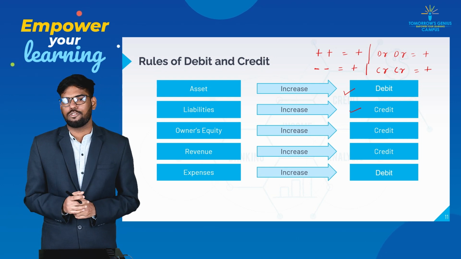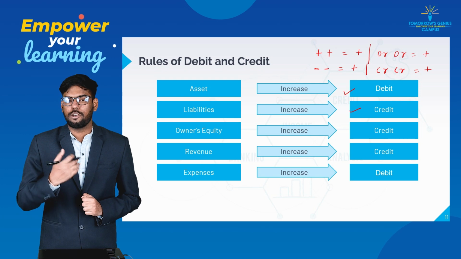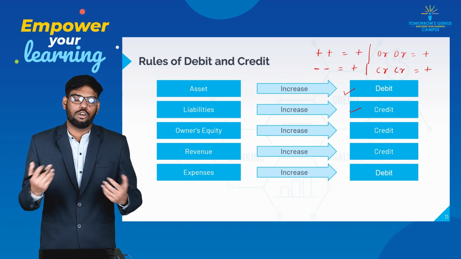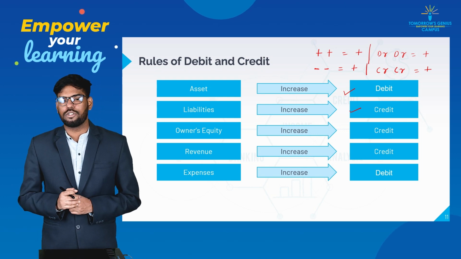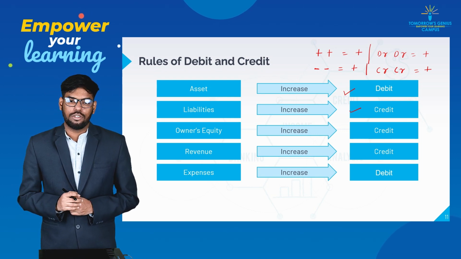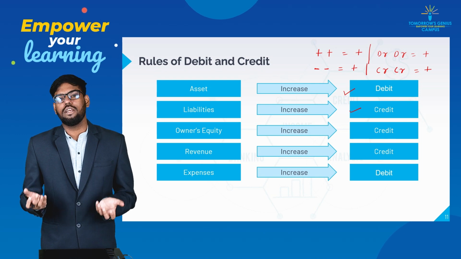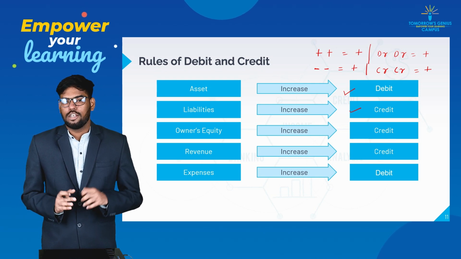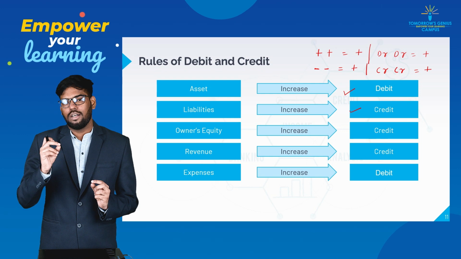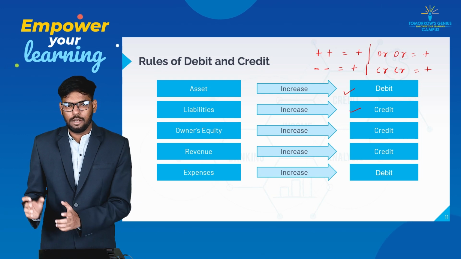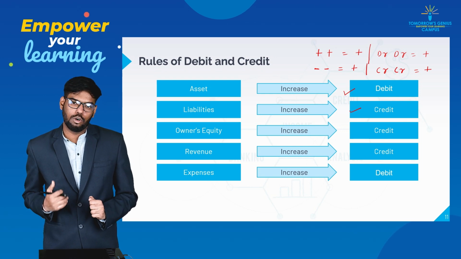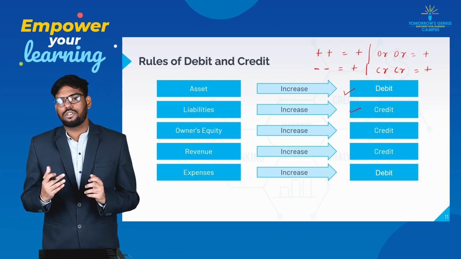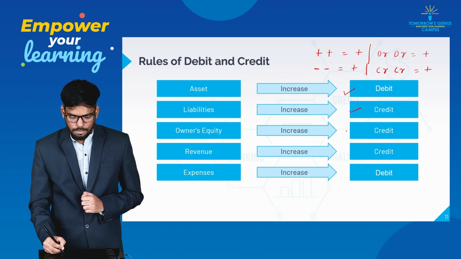After one year, you invest another 1 lakh rupees into the business. That is the additional capital. So now your total capital will be 1,50,000 rupees. Capital is like a liability. It shows a credit balance, and whenever you want to increase a liability or capital, we have to credit the same.